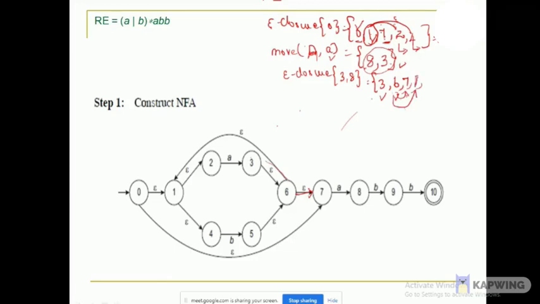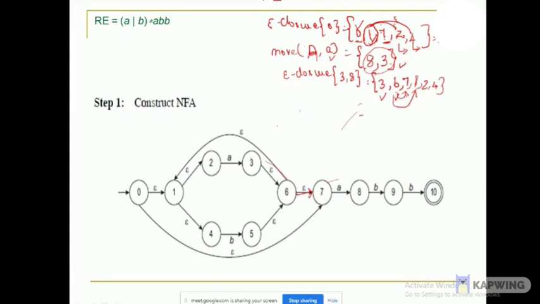Okay, so now we have to check. Is there any transition from 7? No, there is no transition from 7. But we have one more state here, 1. From 1, how many transitions on epsilon? 2 transitions. One goes to 2, another goes to 4.